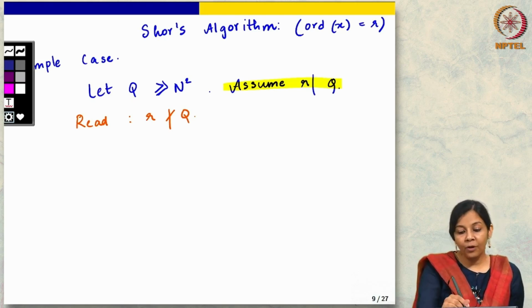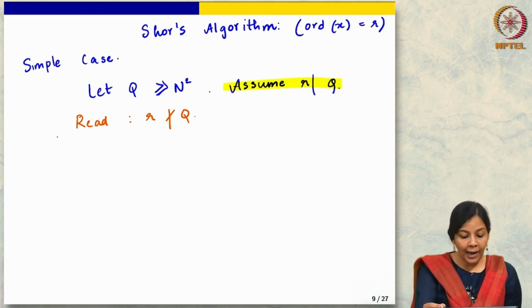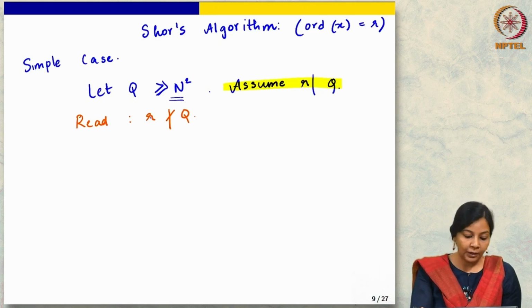For the case where we assume that r divides Q, just think about what we are doing. We have this N that we want to factor, and we are trying to find the order of an element x, which we were denoting by r. We saw that finding the order of this element is sufficient for us.